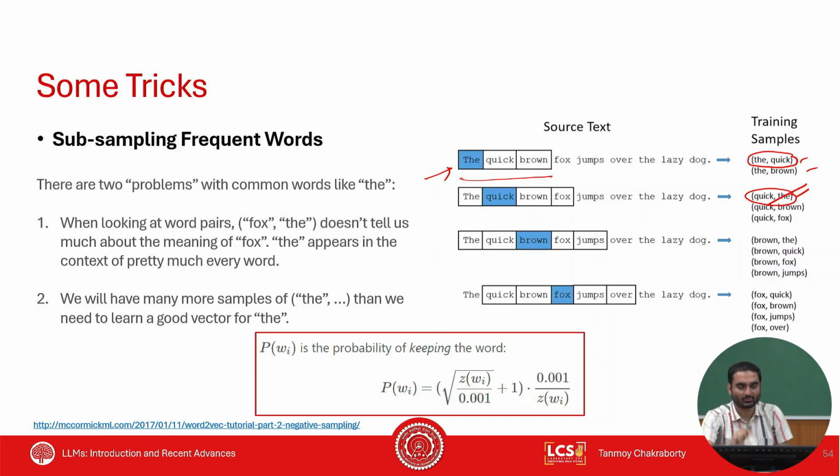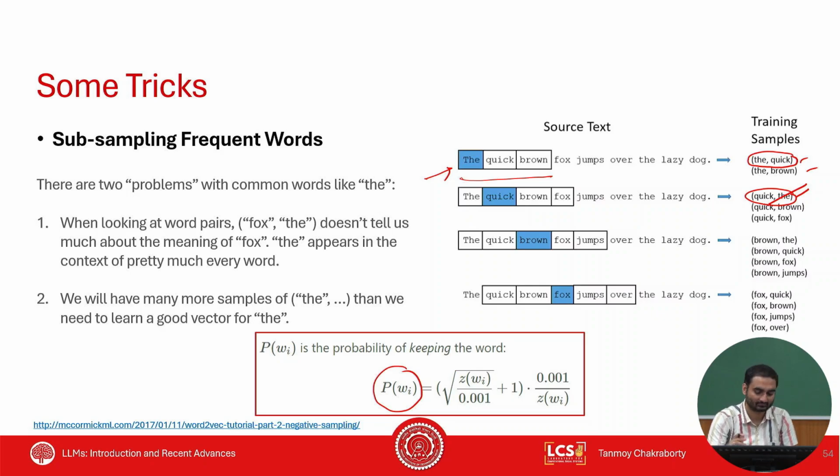So what we do in subsampling is that we use another probability, and with this probability I will remove some of the words from the documents, and I will not consider those words while curating the positive samples and negative samples.